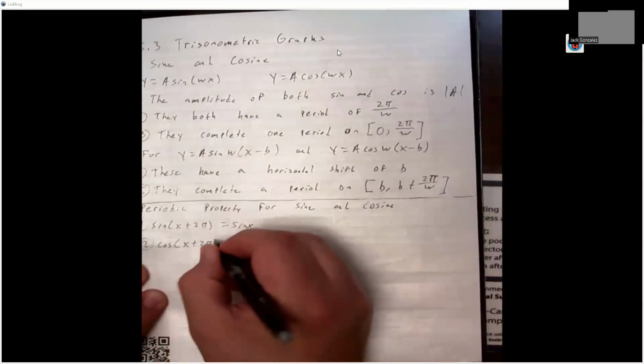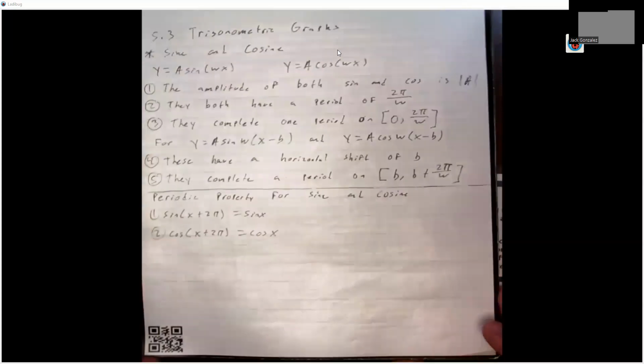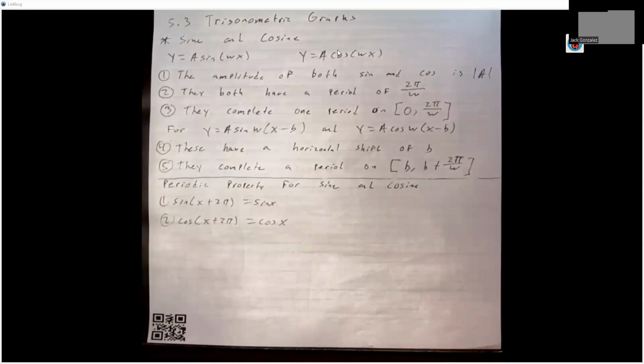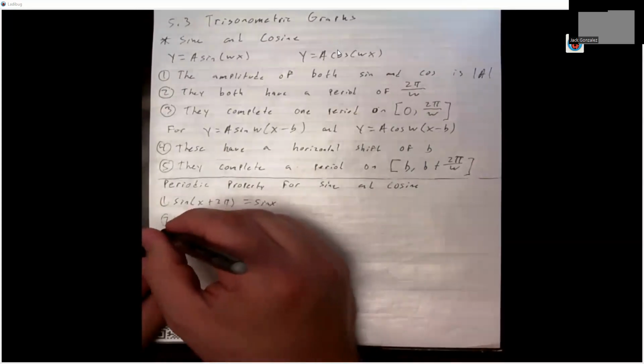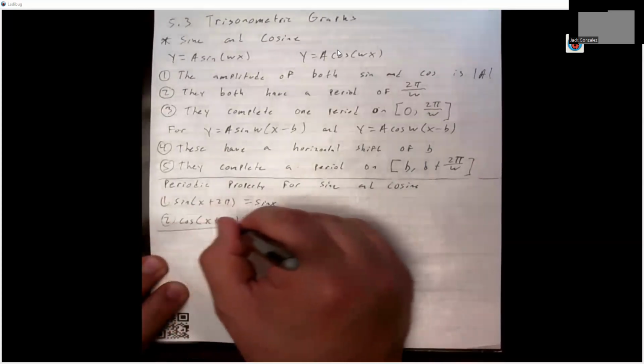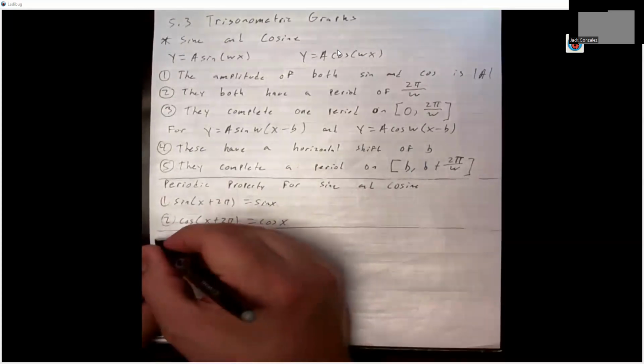So you just shift it and it ends up being the same thing. Same thing for cosine. If you have x plus 2 pi, it shifts to cosine. All right, so let's do an example and talk about all this stuff.